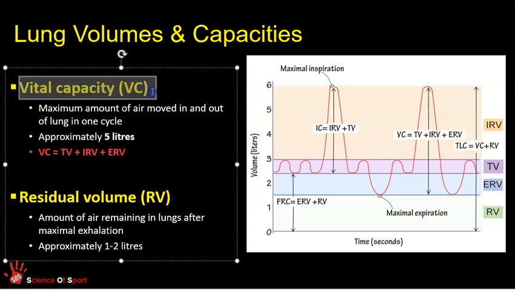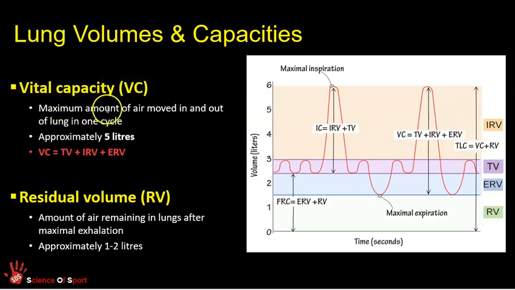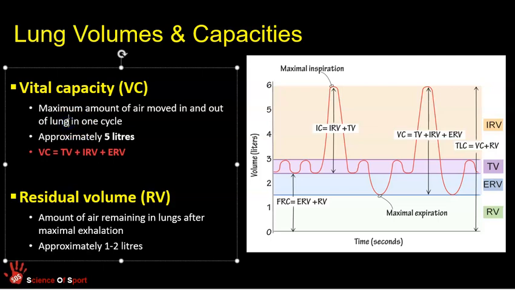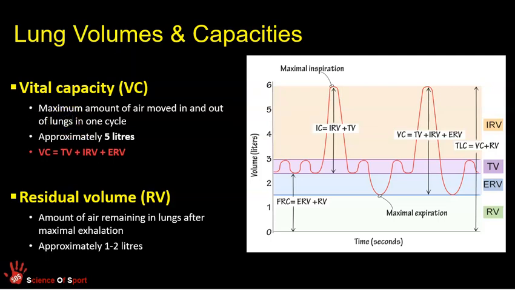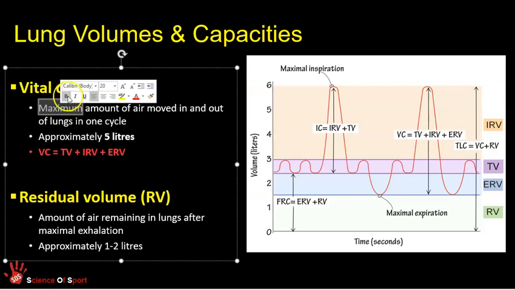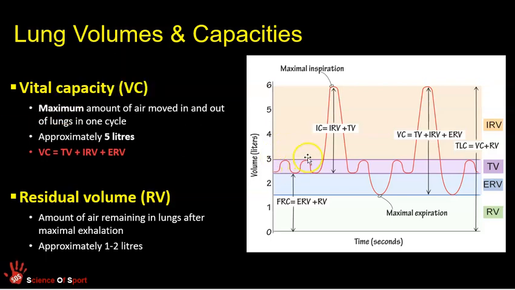So vital capacity is the maximum amount of air moved in and out of the lungs in one cycle. Maximal inhalation, it's the maximum, that's the really key word. The maximal amount of air that can be moved in and out in this cycle. Breathing in as much as you can, breathing out as much as you can, down to the residual volume, but not including it.